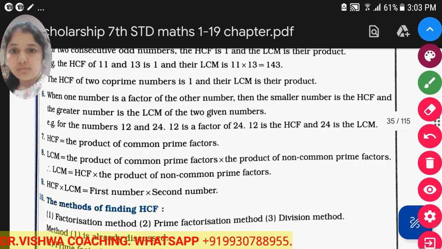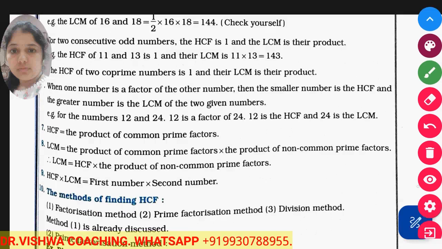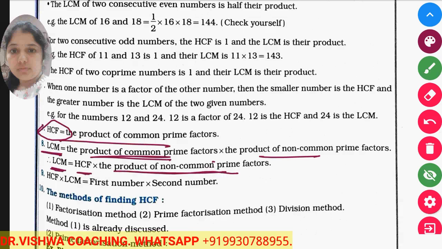Now again, HCF is equal to the product of common prime factors and LCM is equal to the product of common prime factors into the product of non-common factors. Now LCM is equal to HCF into the product of non-common factors, because the product of common prime factors is equal to HCF. So we just replace the term with HCF.